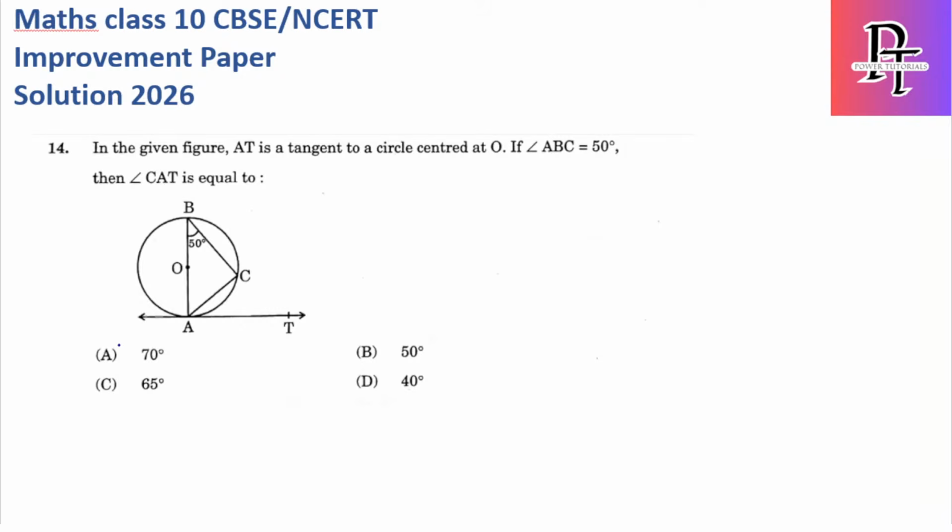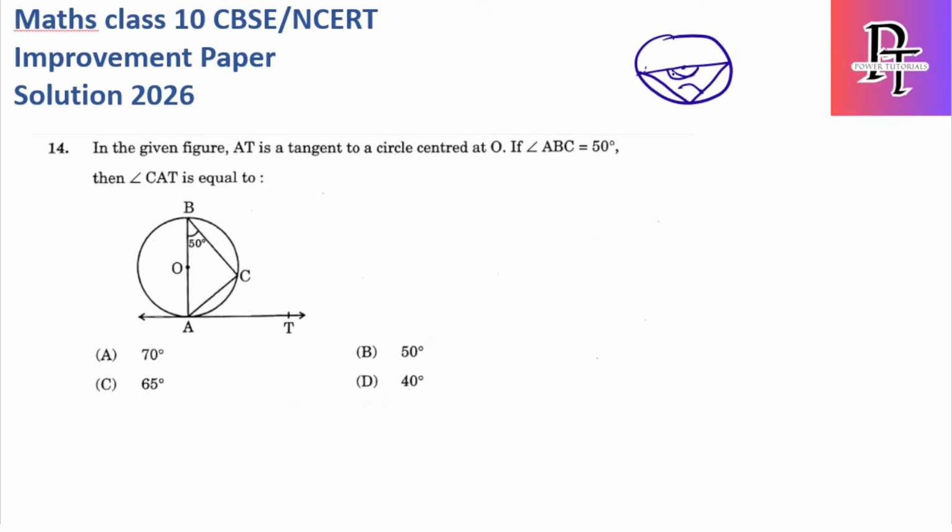In the given figure, AT is the tangent to a circle centered at O. If angle ABC is 50, then we need to find the angle CAT. You already know that if we have a circle with a chord passing through the center, then this angle will be exactly 90 degrees.